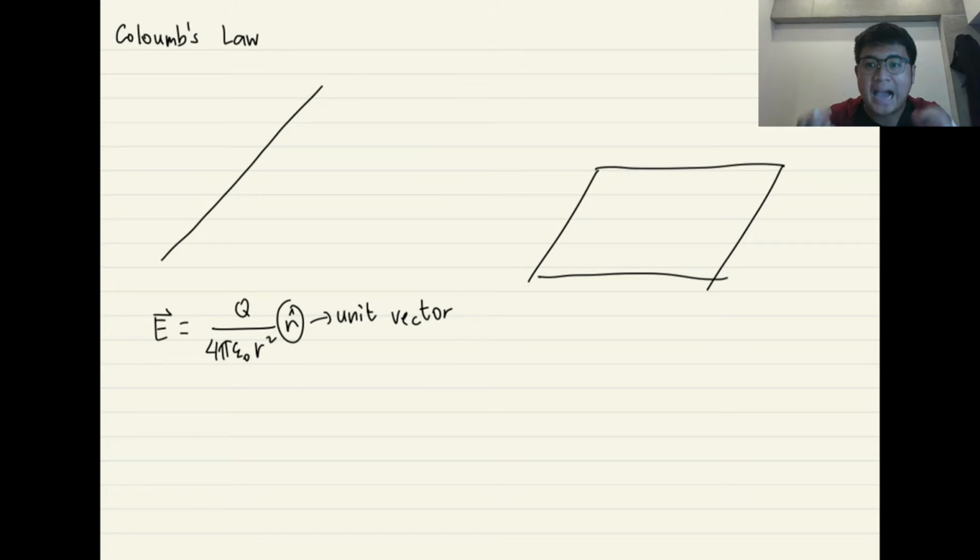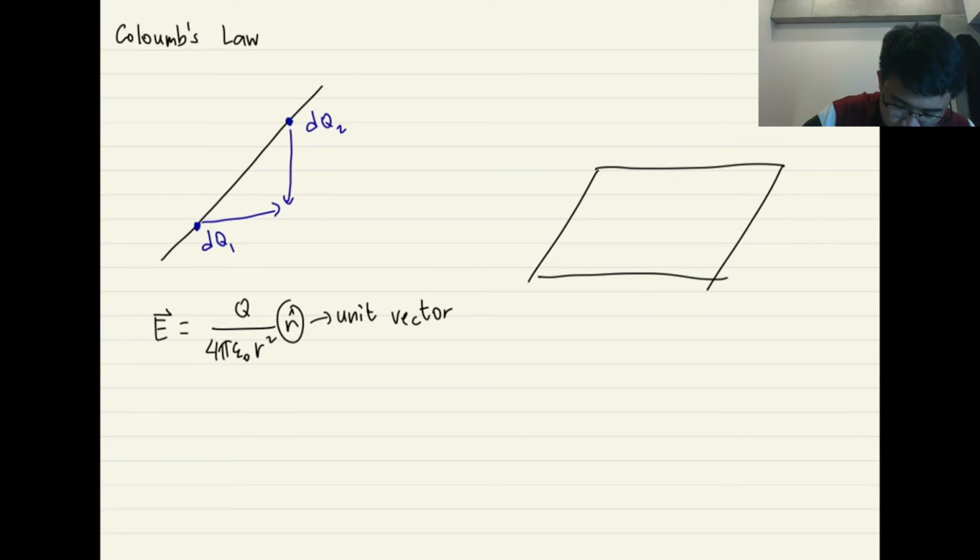Now, what if you have a charge distribution? Each point on a charge distribution can be thought of as another point charge, a very small point charge right here. There's also some small point charge on the other side, such that they affect the point in space separately.